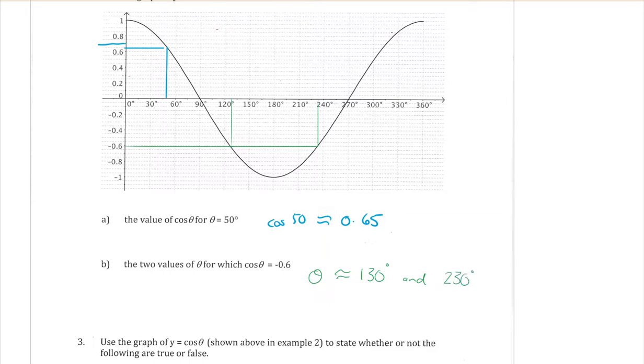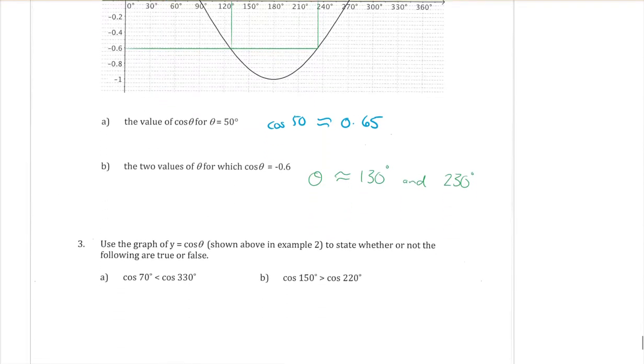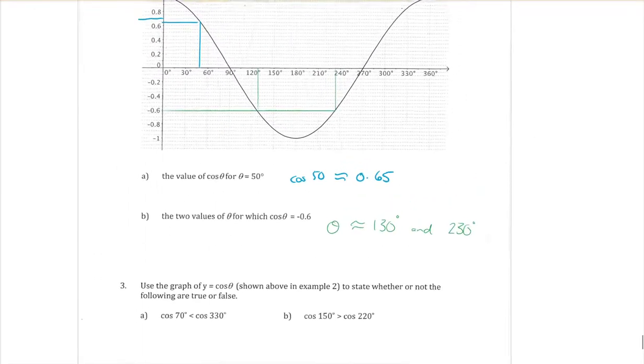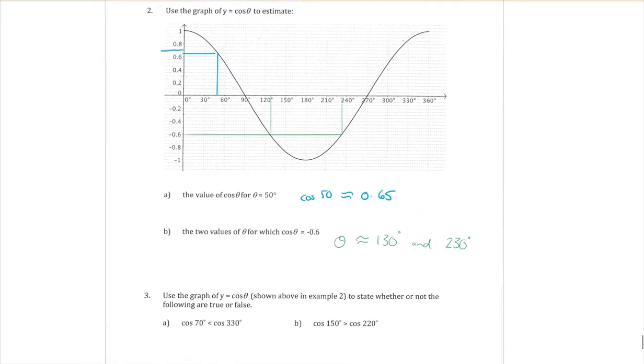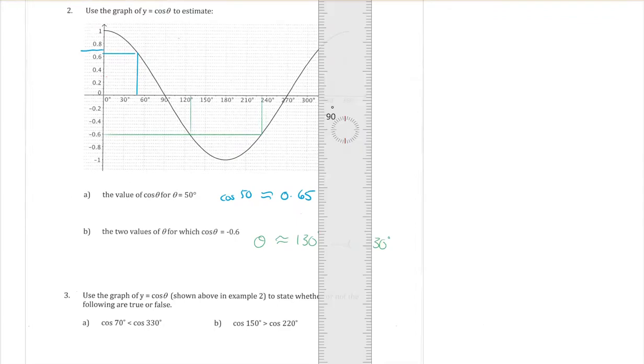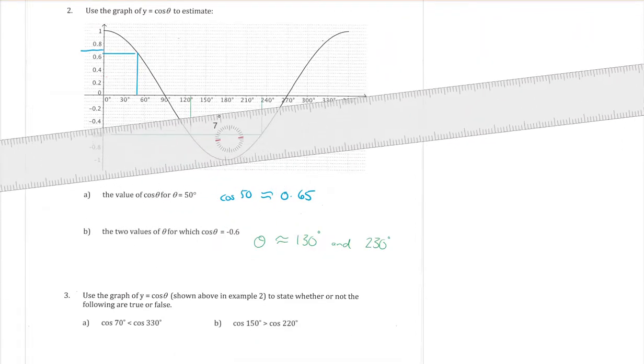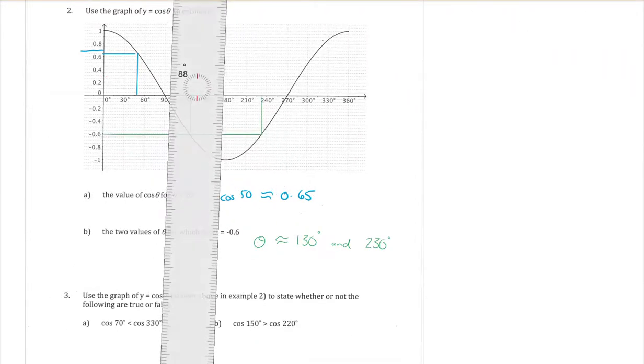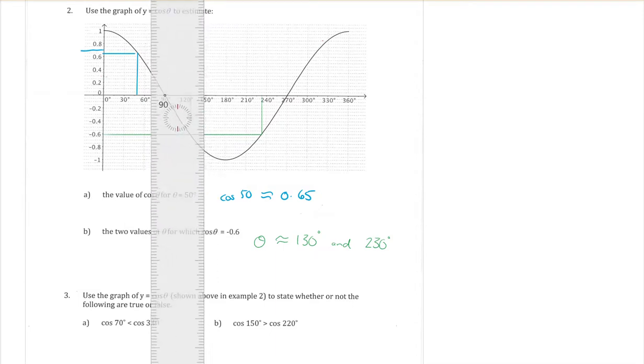degrees. Okay, question 3, it asks us to use the graph of cos theta. So using the graph to state whether the following is true or false. So cos of 70, I want to know approximately what that's equal to. Cos of 70 degrees is about here.